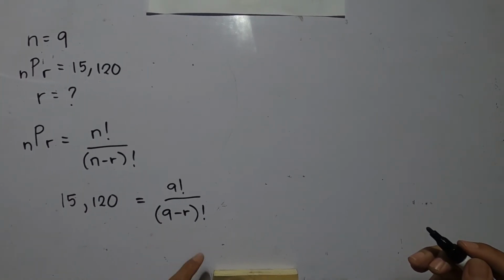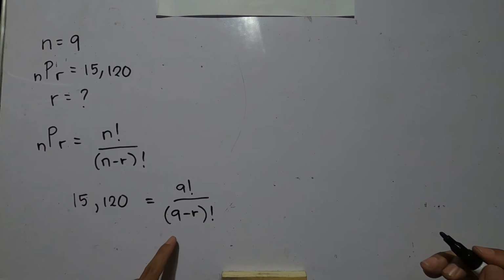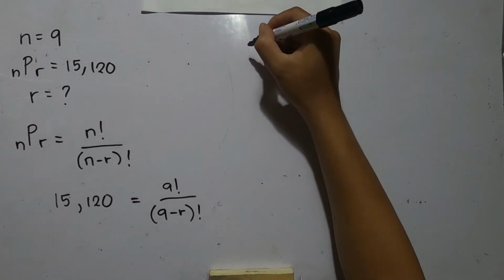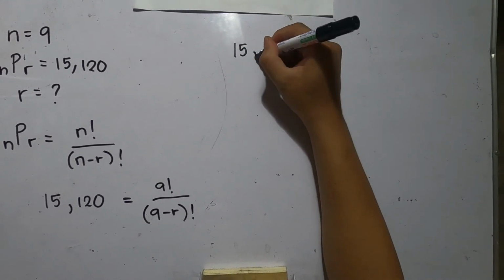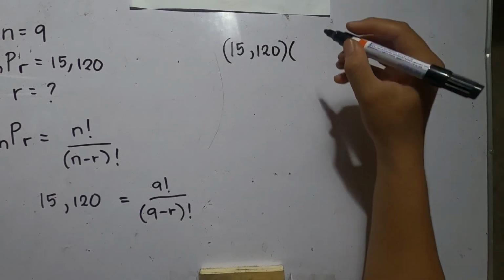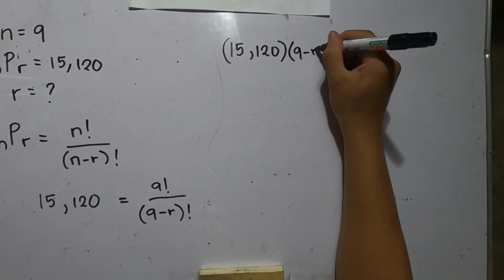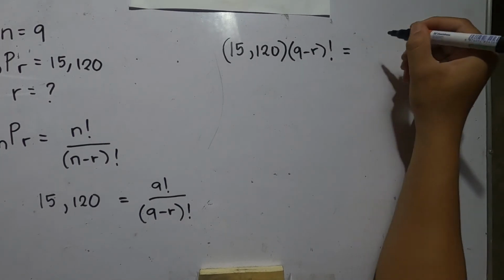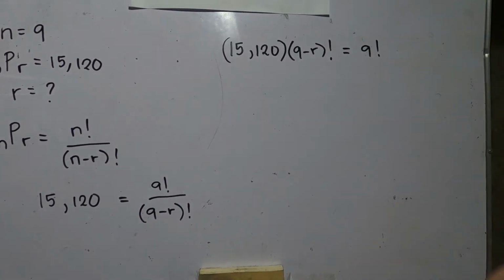In that case, we can cancel out 9 minus r factorial in the denominator. That becomes 15,120 multiplied by the quantity of 9 minus r factorial, and that is equal to 9 factorial.